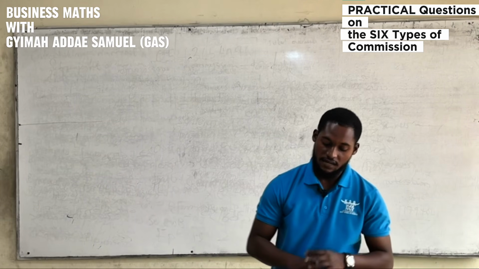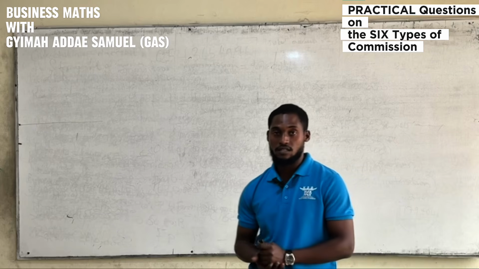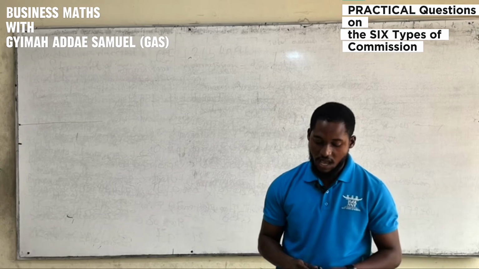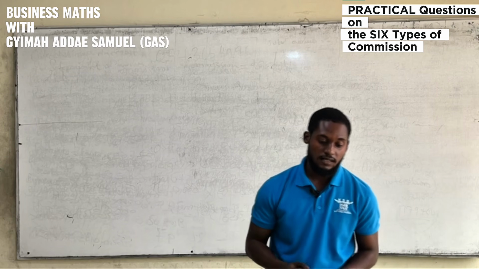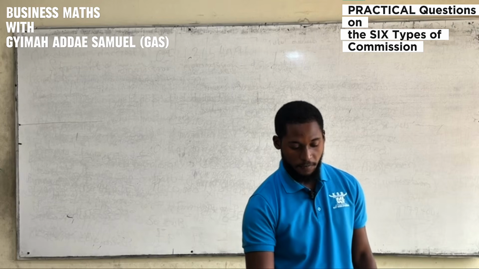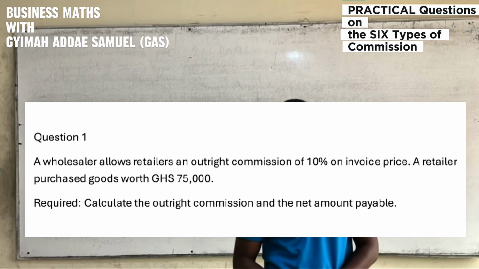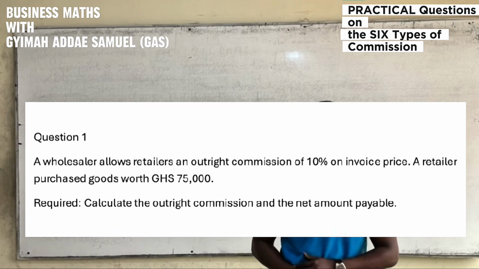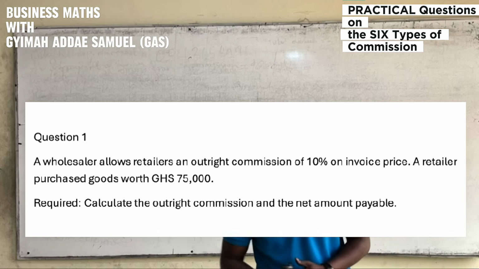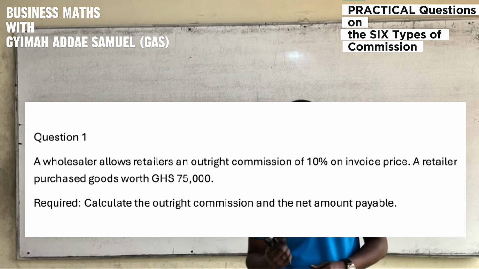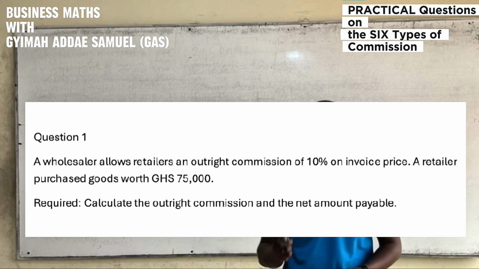So now we move on to the last type of commission, which is the outright commission and rebate. Let's take our first question. A wholesaler allows retailers an outright commission of 10% on invoice price.